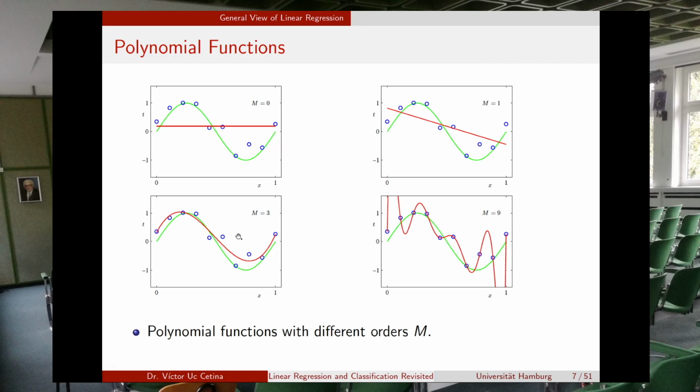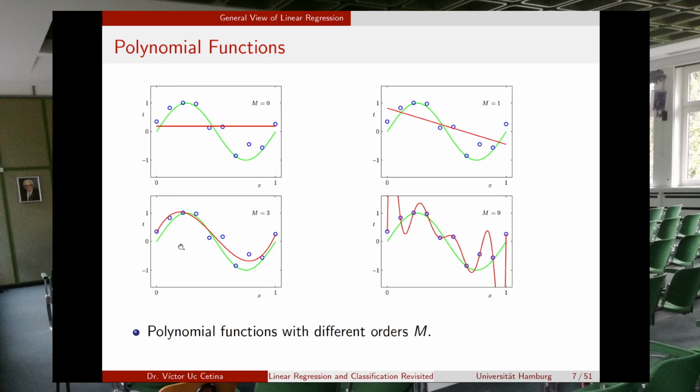Now there is another option to avoid this, because this could be bad. For example, if you keep training points that are over here, the curve is going to adapt to all these points, and maybe it starts to forget points that are over here. So this is not good.